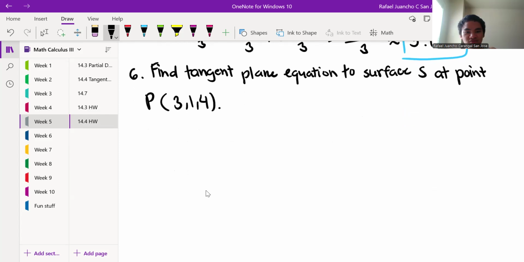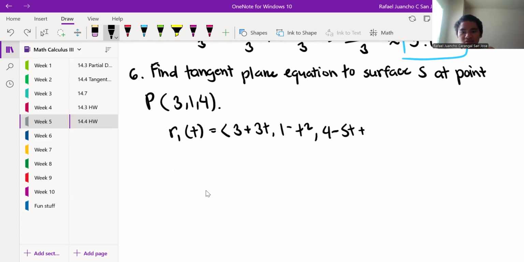We're given these curves, and these are what we call parametric equations. These are vector functions. We did talk about these in a previous video in my calculus series. 4 minus 5t plus t squared.